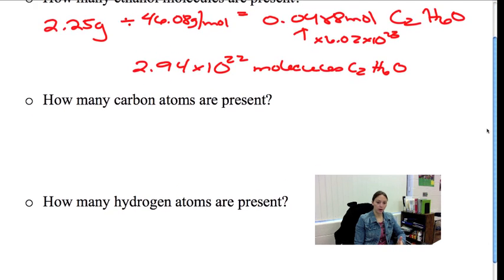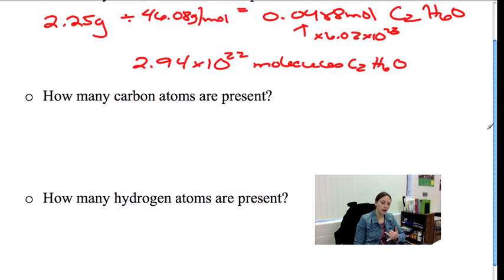Well, we've done that before. The next three ask for how many carbon atoms, how many hydrogen atoms, and how many oxygen atoms. Well, like I explained before, you could take your mole number up here and multiply by 2 or 6 or 1. Or you can do the same kind of thing and take the molecule number and multiply it by 2 or 6 or 1. So I look at how many carbon atoms.